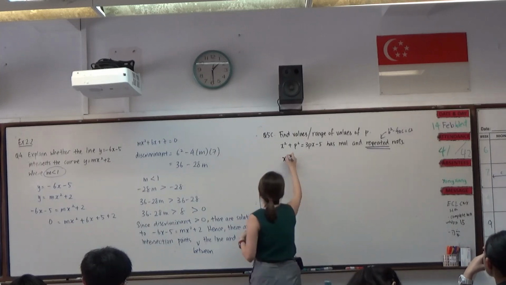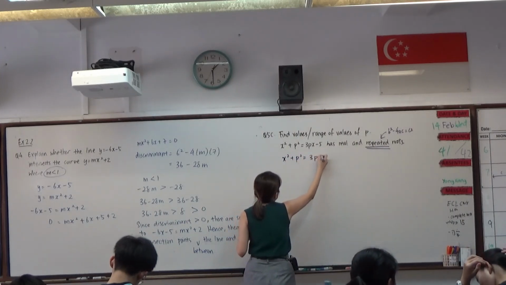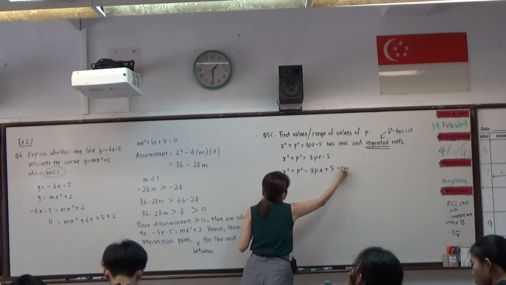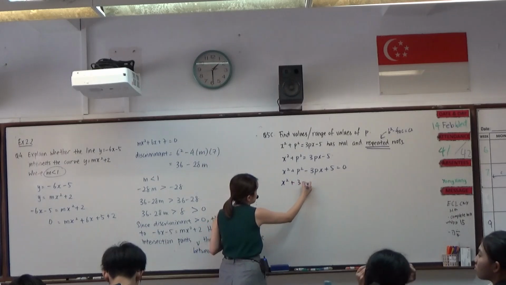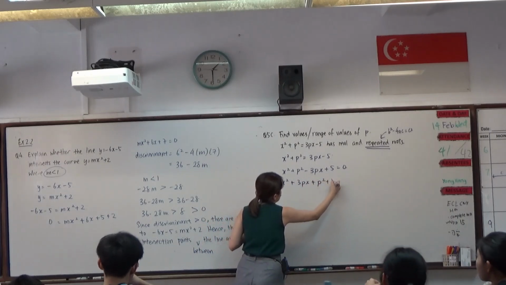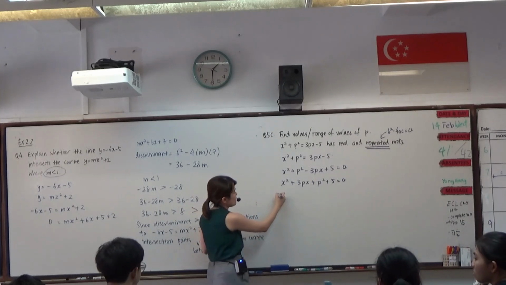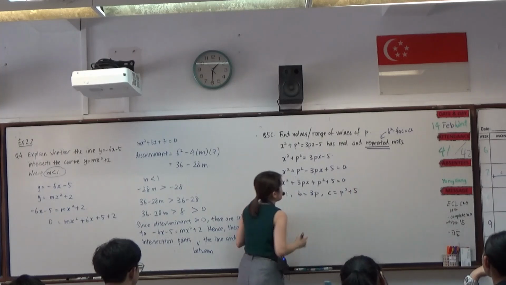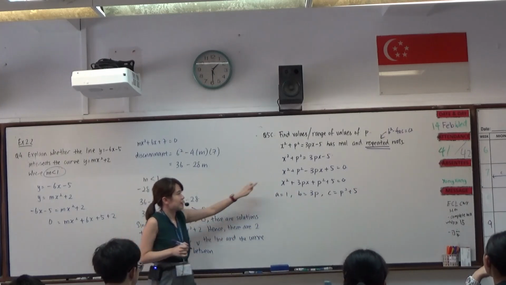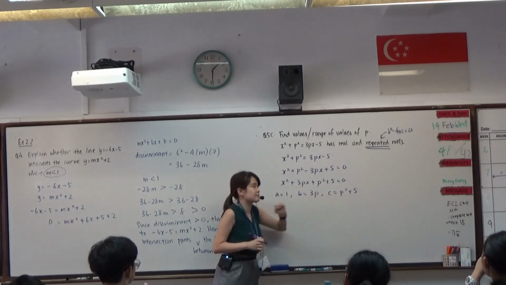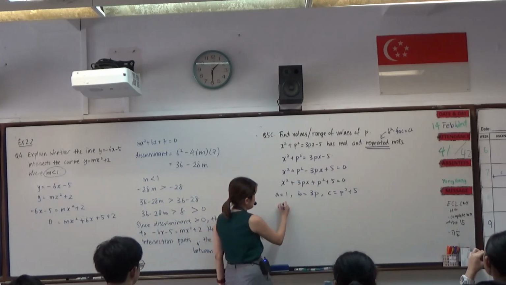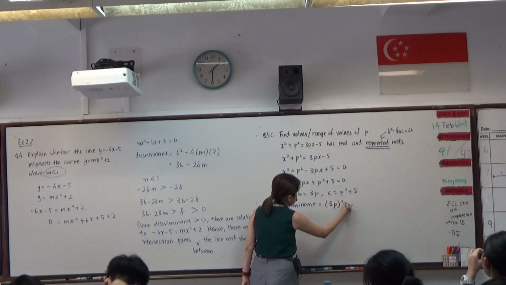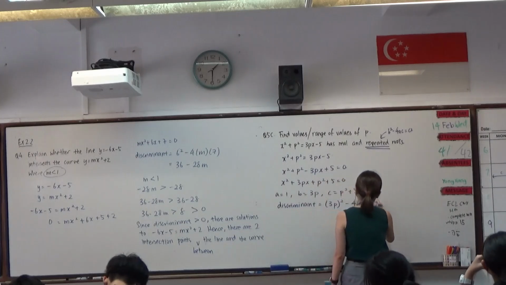Given this equation here, we place everything to the left. You may want to arrange it in order to see very clearly what your a, b, and c are, the coefficients of x squared, x, and the constant term respectively. So your discriminant in this case will be 3p squared minus 4 times 1 times p squared plus 5.